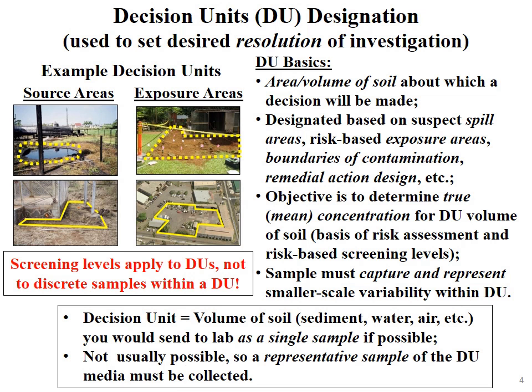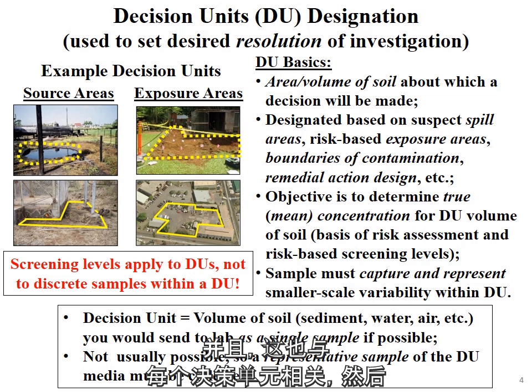So a key point to keep in mind here is each decision unit has a specific objective or specific question designated up front. So for example, in the exposure area, does the concentration of lead in this part of the backyard, or the entire backyard, exceed some target screening level? Or for arsenic, PCBs, whatever, does it exceed some target acceptable risk?